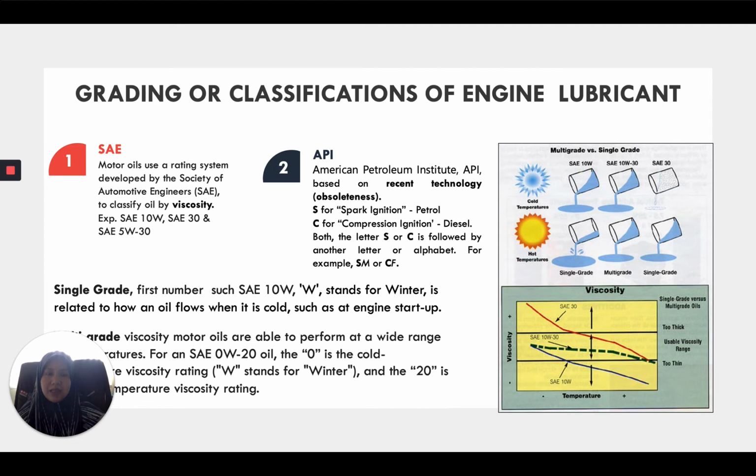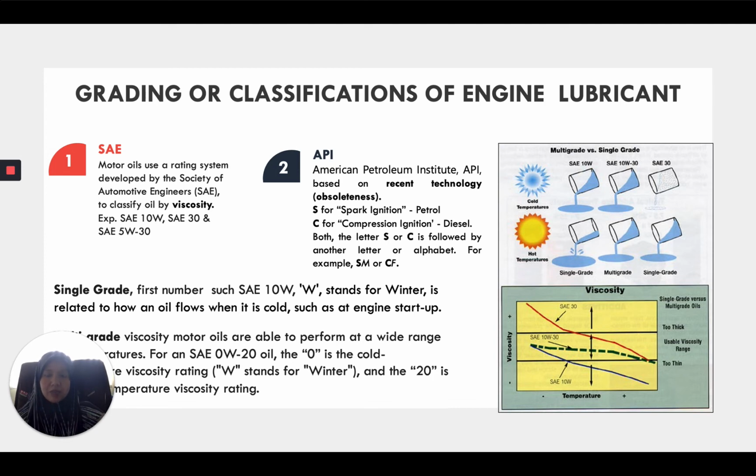And under the SAE, we have single grade and also multi-grade. Single grade uses the first number such as SAE 10W, where W stands for winter, and it is related to how an oil flows when it is cold, such as at engine startup. And then we have the multi-grade, where the viscosity motor oils are able to perform at a wide range of temperatures.